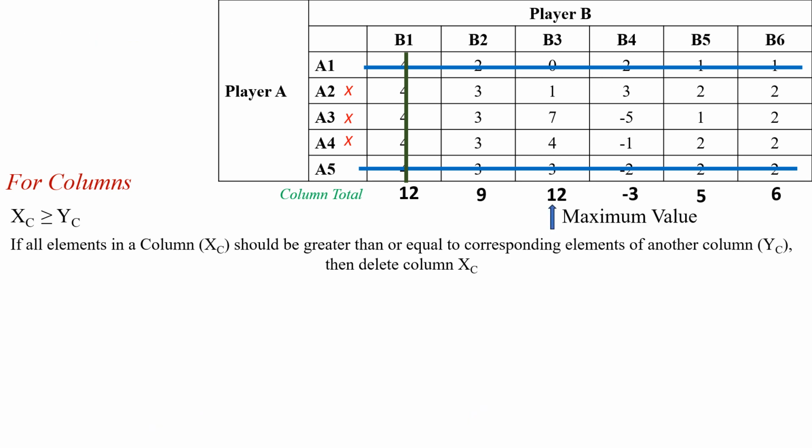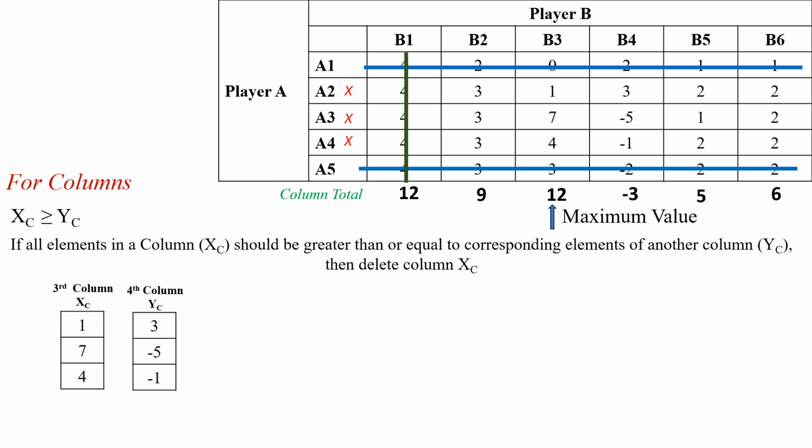So next apply the dominance rule for the third column and compare the corresponding elements with the fourth column. That is, 1 is not greater than the 3, moreover 1 is not equal to the 3. So here the dominance rule is not satisfied.